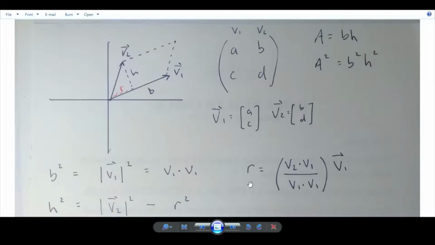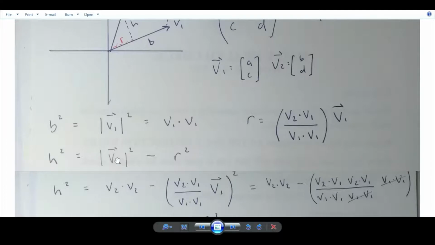There's a little formula we can use for that: v2 dot v1 divided by v1 dotted with itself. Remember, each of these gives us a scalar, a number. What this gives us is the proportion, the amount of vector 1 that R takes up. So this will be some fraction of vector 1, and this will go into here. So let's do that.